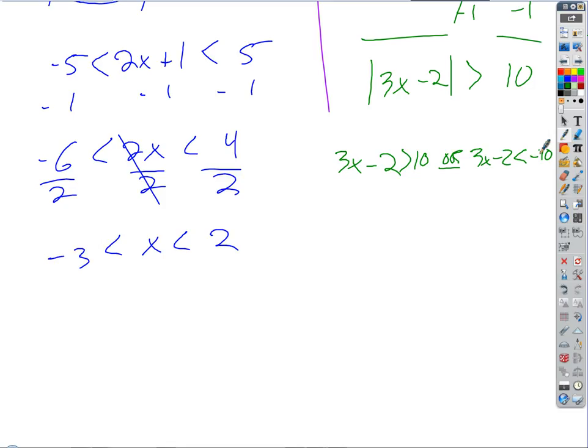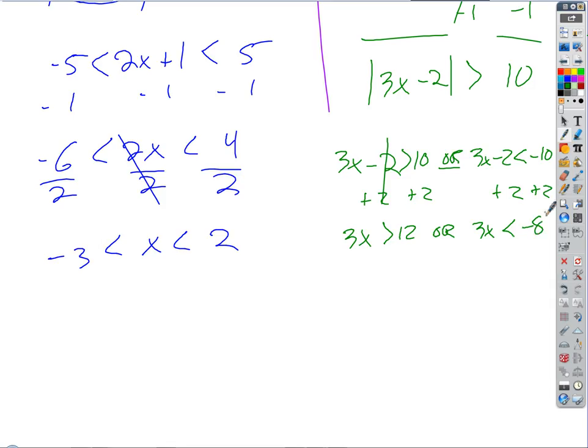Same thing, I'll do them separately, but it's really the same algebra. What are the two steps in order to solve for x? Add 2. So then I end up getting 3x is greater than 12, or 3x is less than negative 8, negative 10 plus 2.